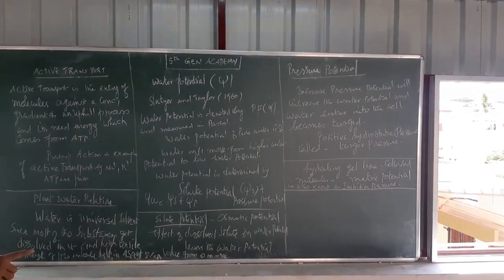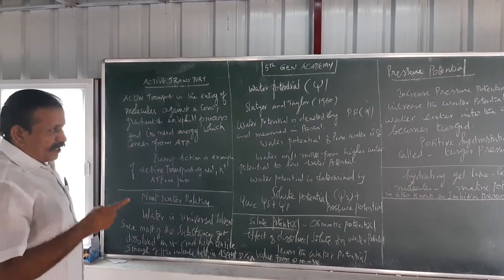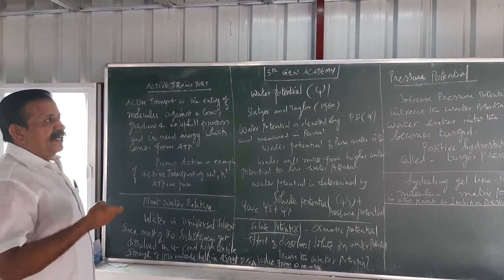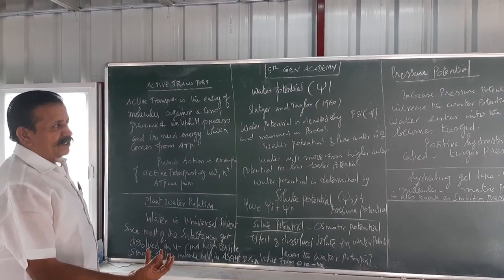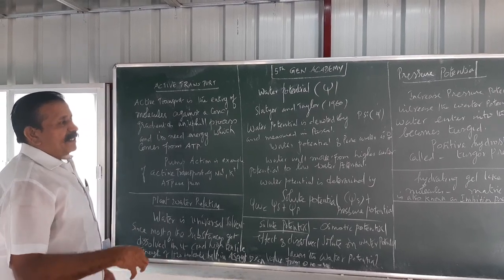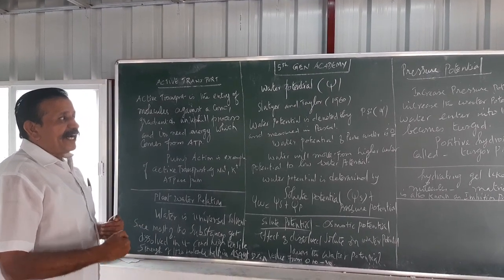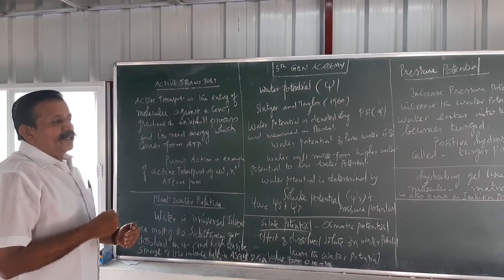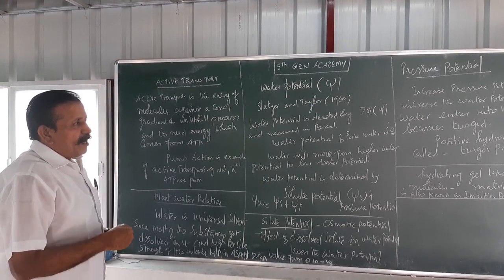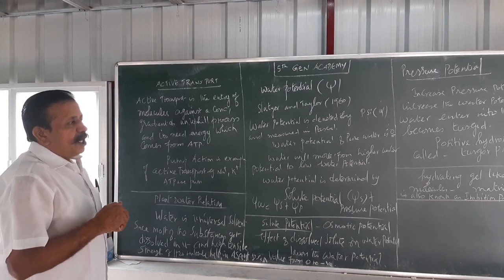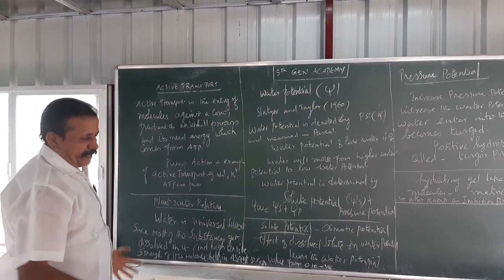Due to pressure potential, water can enter the cell and it automatically becomes bulged in structure, or turgid. What is the reason? Because of positive hydrostatic pressure, the water potential will increase because of the pressure potential. On that basis, it will automatically give some turgor pressure.